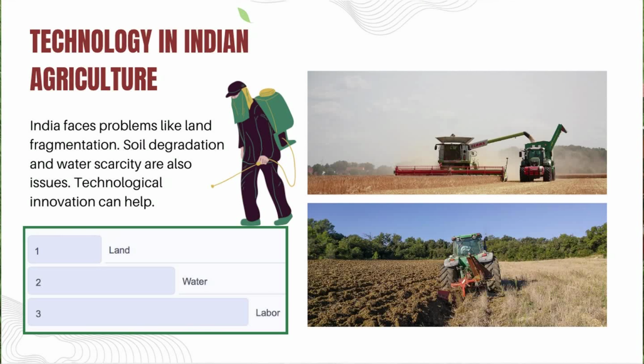Then the next problem is associated with water scarcity. The per capita availability is 1500 cubic meters per year, and it is estimated to decline by 25% by the year 2050.